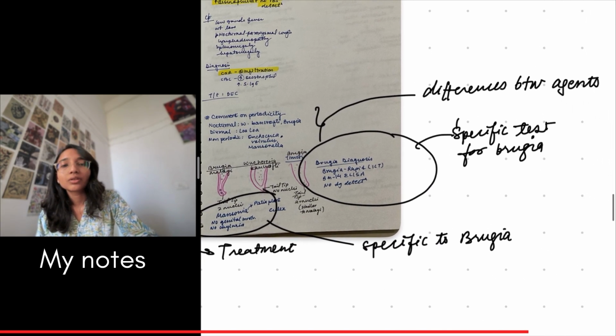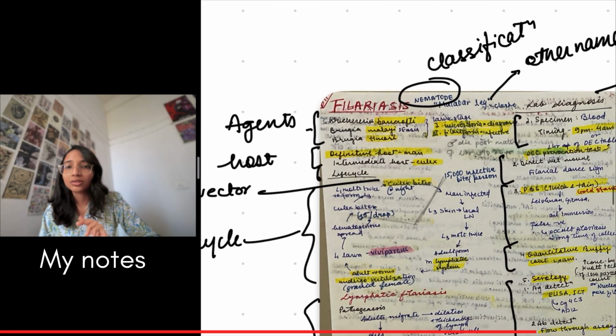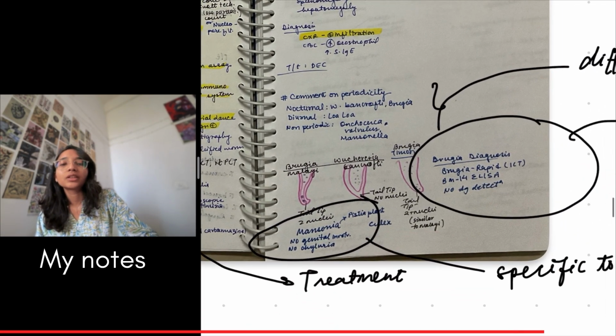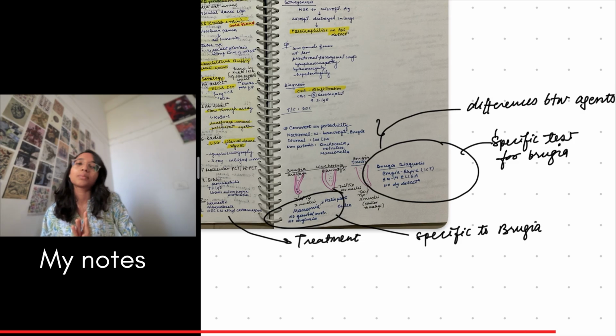Moving on to the differences. Earlier we discussed that there are 3 different agents causing this similar disease. What is the difference between these 3 agents? I have written here in short. Like, what is specific to Brugia? What is specific to Brugia in terms of tests? What is the difference between all these things? What is the difference in their periodicity?